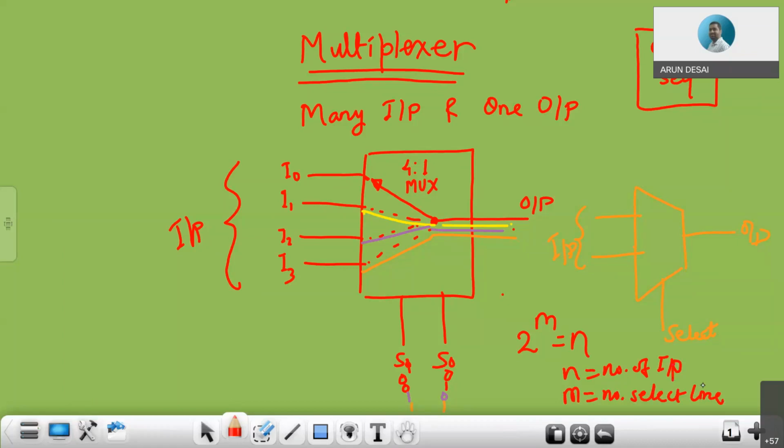So if input lines are 4, then select lines are 2. If my input lines are 8, then my select lines are 3.